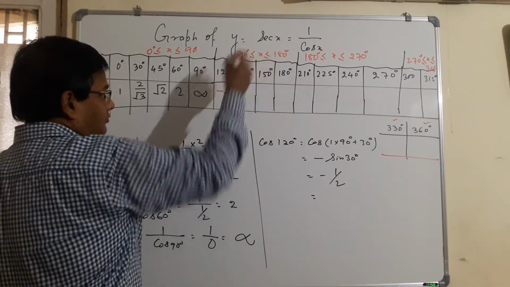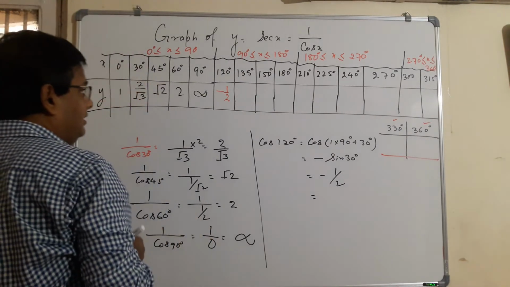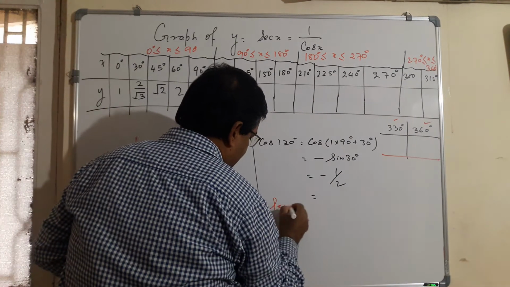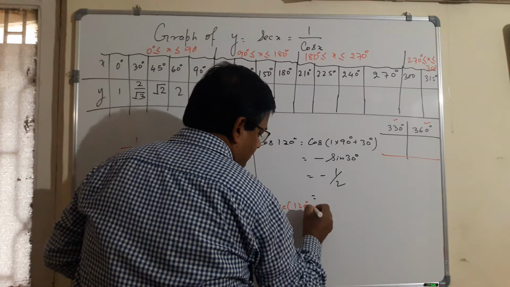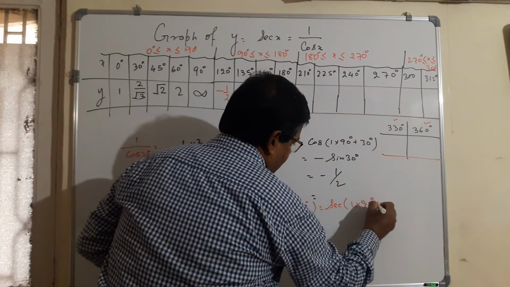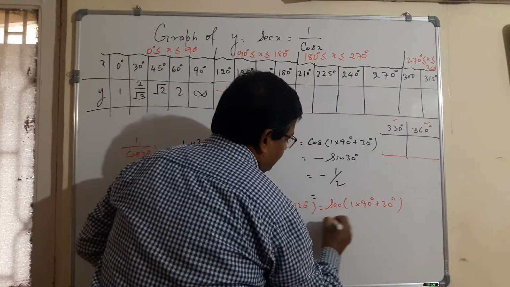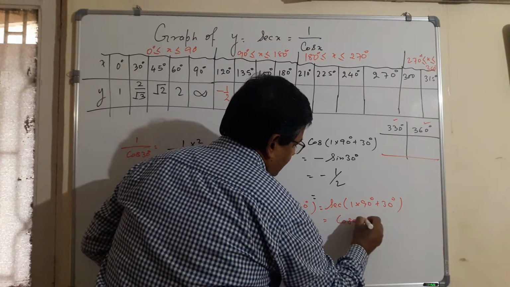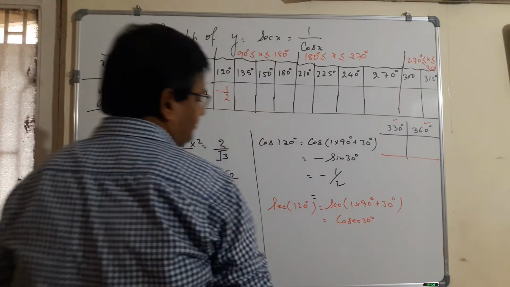You can also directly find sec. If you want to find sec 120 degree, so see here, sec of 1 into 90 plus 30, sec changes into cosec 30 degree.